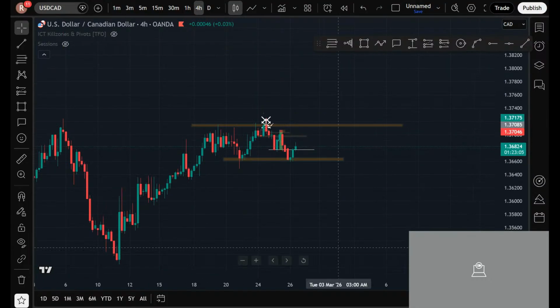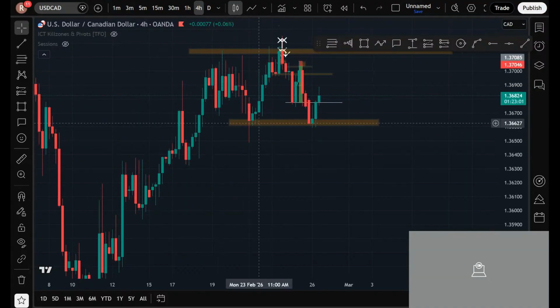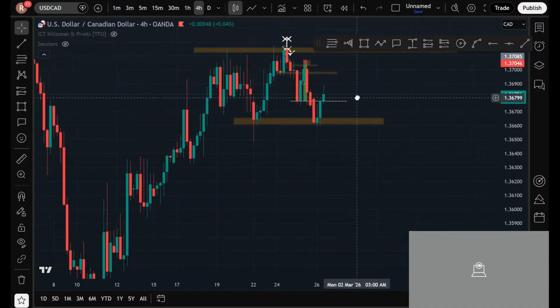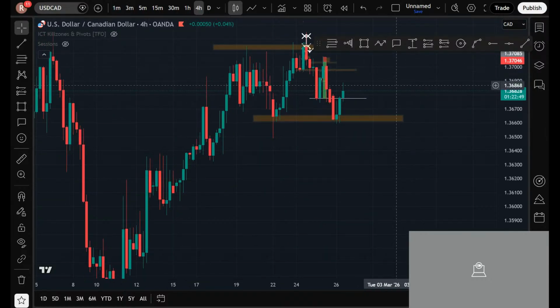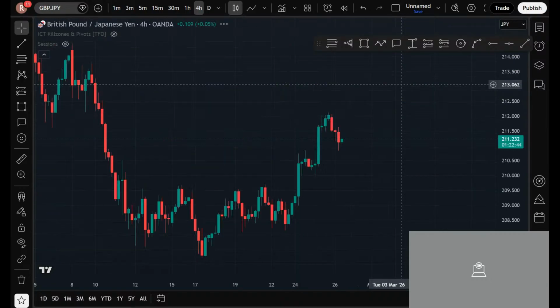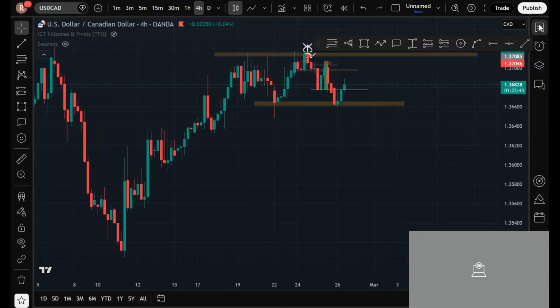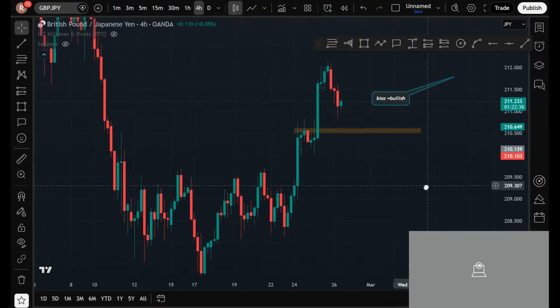We could plan for sales on USD CAD, but do you think we can plan sales on USD CAD? I don't think so. No. USD CAD, no setup. GBP JPY.